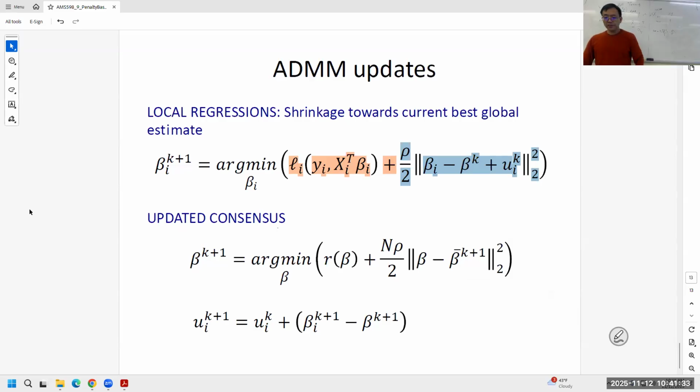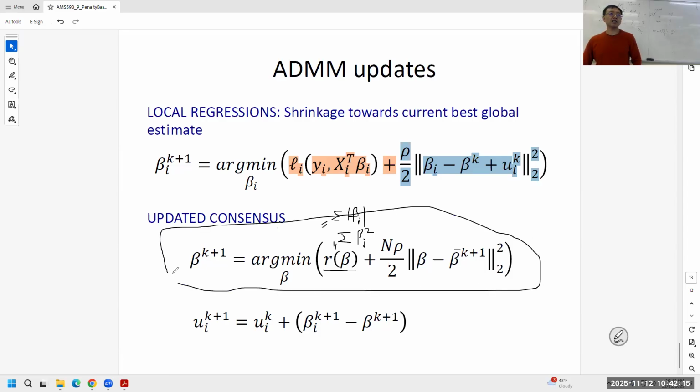It depends on what your R(beta) is. If it's lasso, then R(beta) is the summation of the absolute values of beta_j. If it's ridge, R(beta) is the summation of beta_j squared. So depending on your penalty term, the complexity of applying ADMM to solve the penalized logistic regression will be almost the same as solving logistic regression, because this part here is fast.